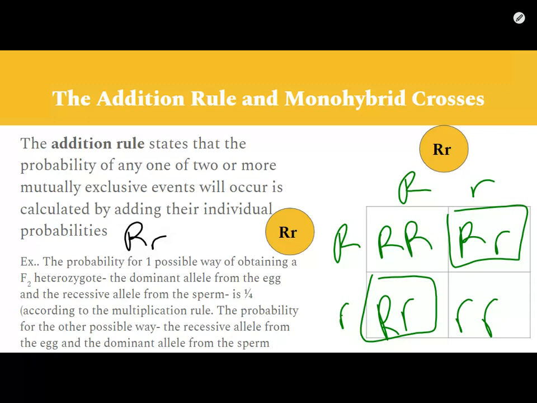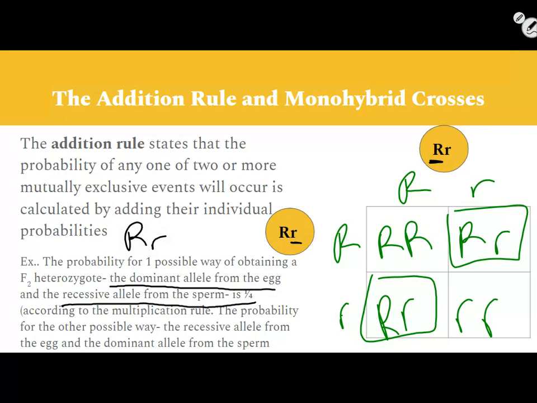So what you would do is you find the probability that you get the dominant allele from the egg and the recessive allele from the sperm, and that's 1/4. So the probability of getting this specific recessive allele and this specific dominant allele, right?